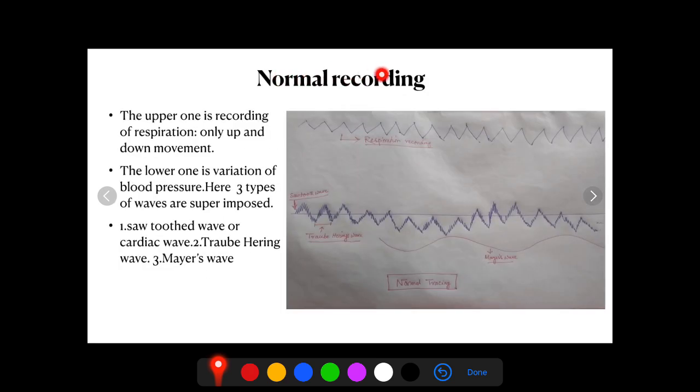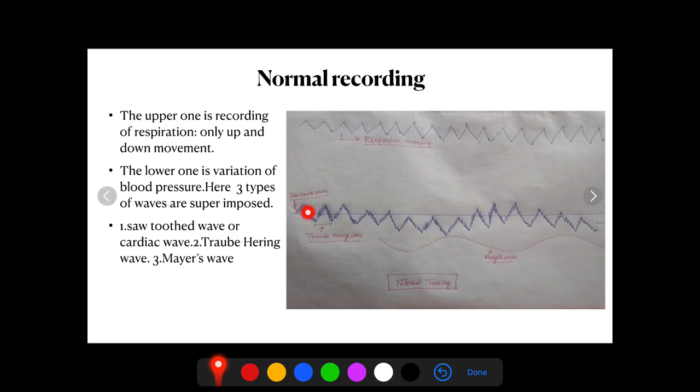Now this is the normal recording. This is the respiratory recording. This is the variation of blood pressure recording. Here 3 waves are superimposed. You can see a small variation of the blood pressure, which is just like a sawtooth appearance.